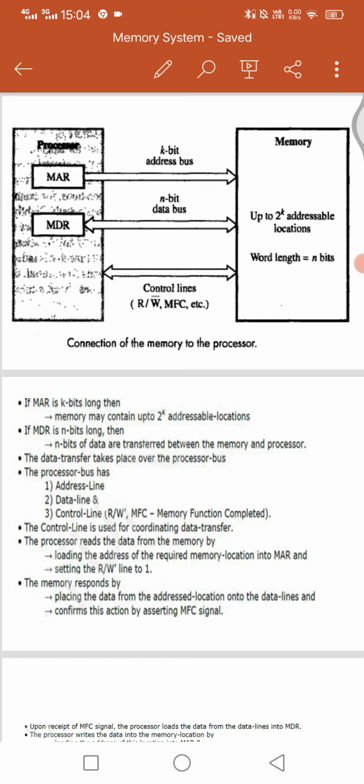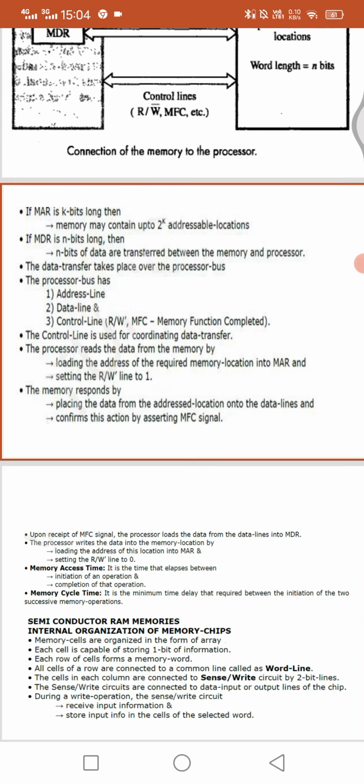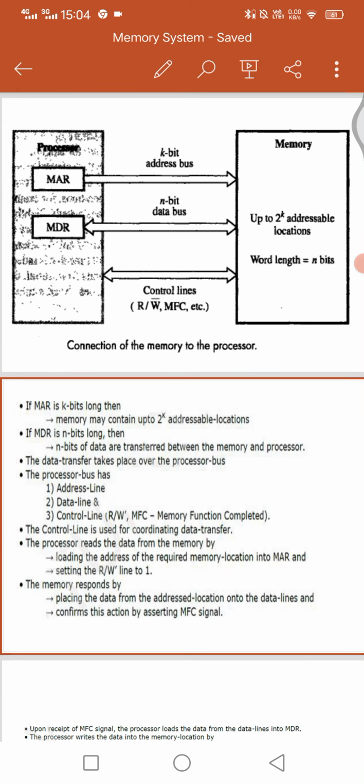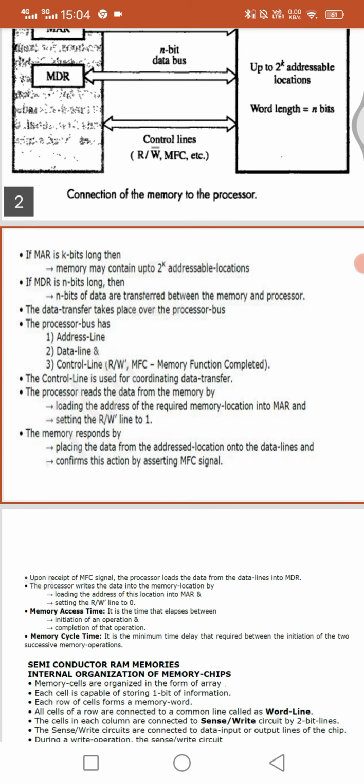The memory responds by placing the data from the addressed location onto the data lines and confirms this action by asserting the MFC signal, which stands for memory function completed.